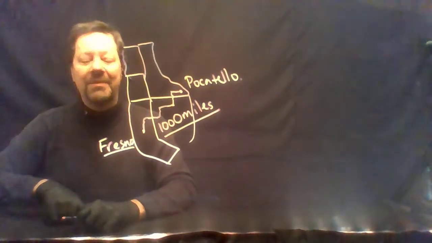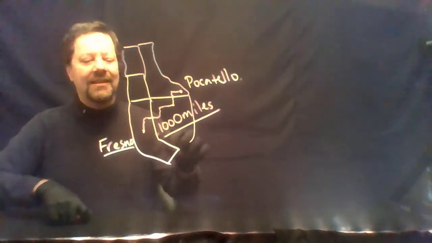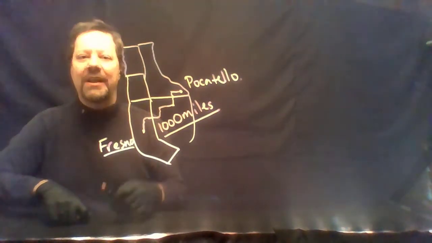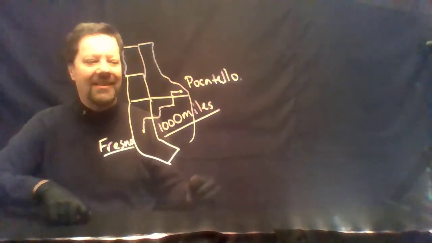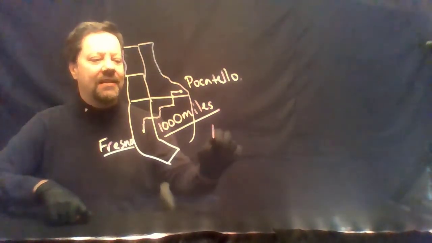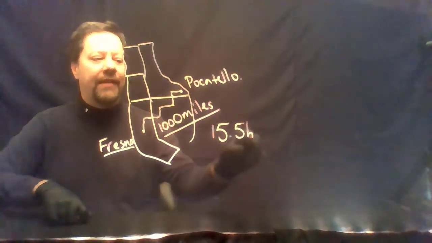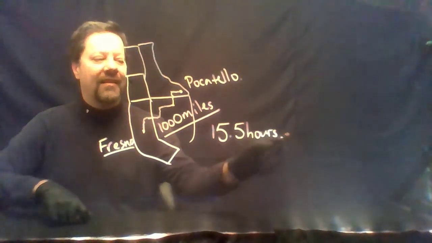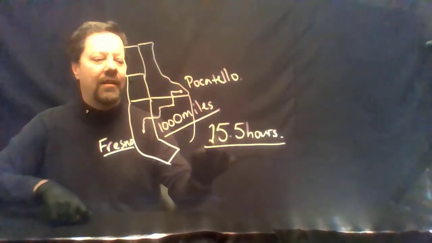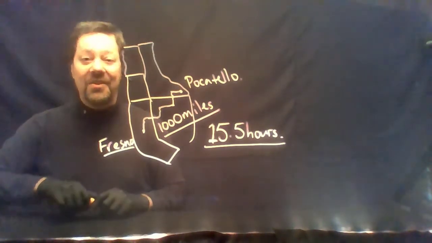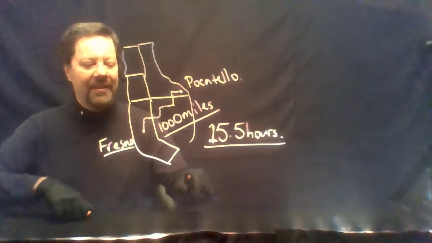Now, I've made this trip on more than one occasion. Sometimes it took me 15.5 hours, sometimes 17.5 hours, depending upon road conditions. Let's suppose I did this 1,000 miles in 15.5 hours. How fast was I going? There's an old formula that you are familiar with.